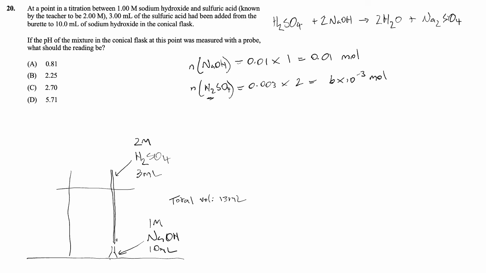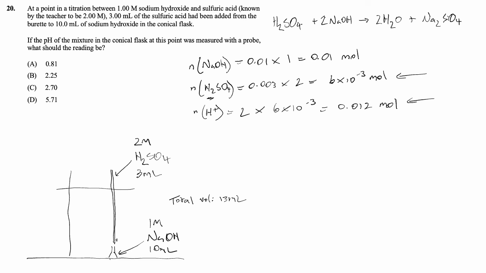So let's work out the n of H+. That's going to be 2 times the number of moles of H2SO4, because there's 2 H's in every H2SO4. So 2 times 6 times 10 to the negative 3 is equal to 0.012 mole. This middle step was to work out the number of moles of H2SO4. This next step was to work out number of moles of H+. Because it's a diprotic acid, we had to do that second step.